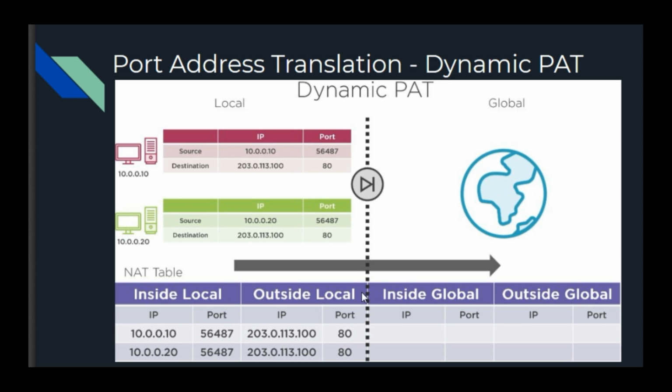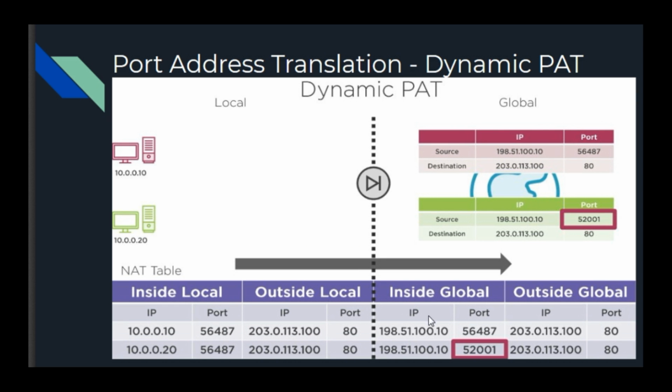means our WAN IP, the WAN IP of our firewall or the interface IP of our firewall. So in inside global we have one IP address, and we mention that IP address, but we are changing the source port because we have only one IP address.